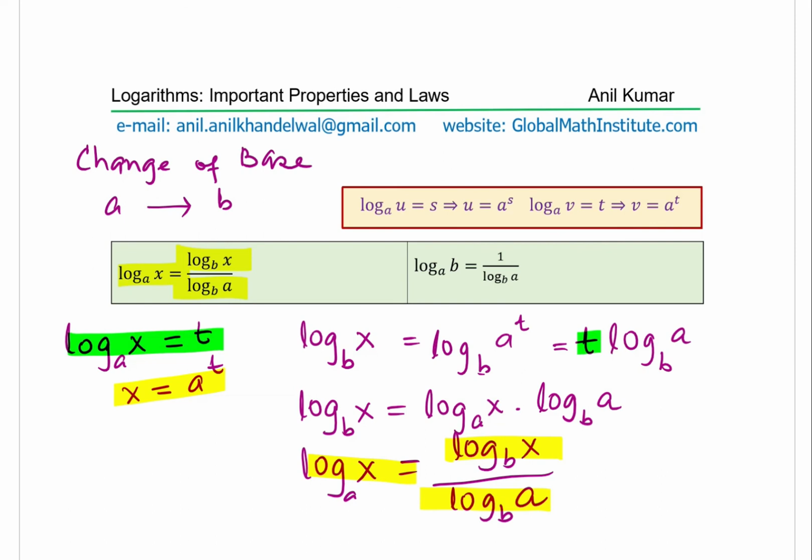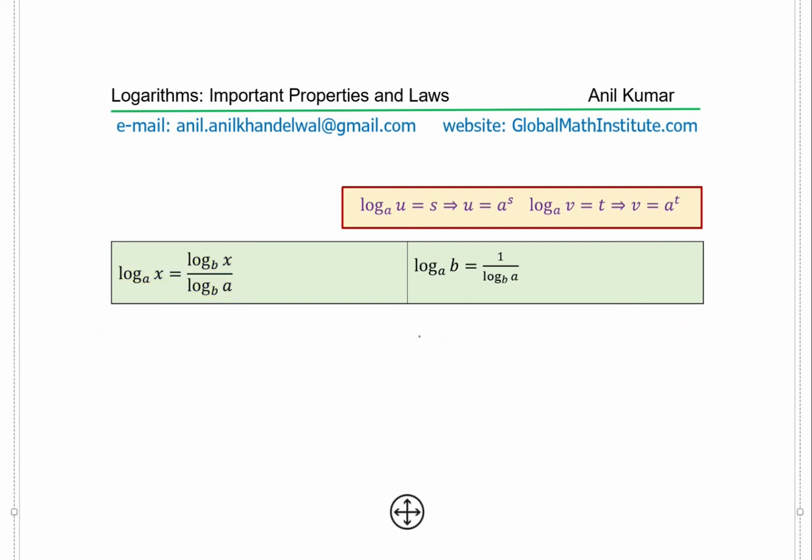So now I would like you to take the other part as an exercise. Try to show that log to the base a of b is 1 over log to the base b of a, right? You can pause the video and do that. Here is the solution.